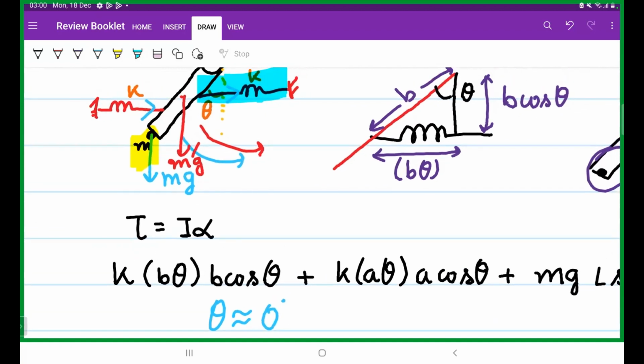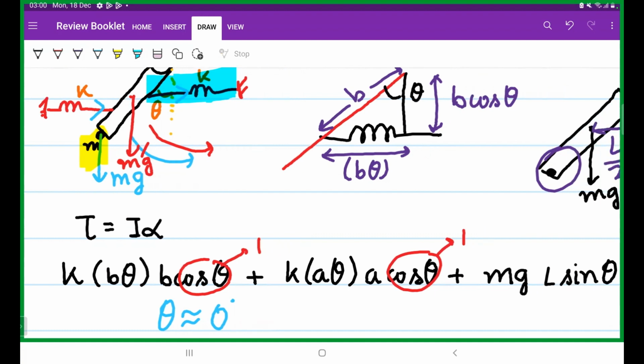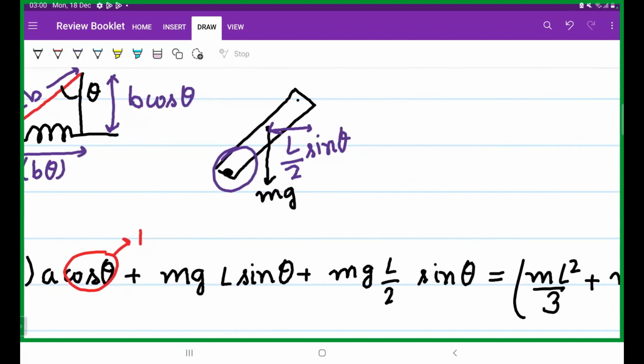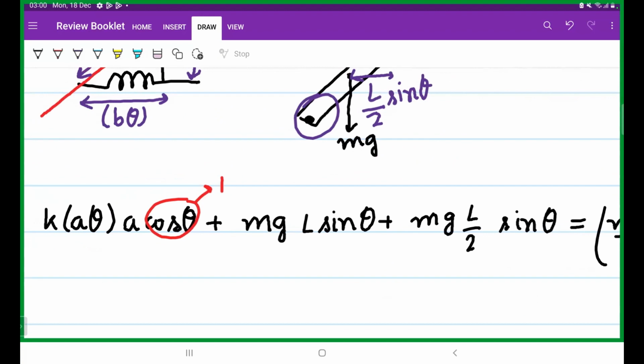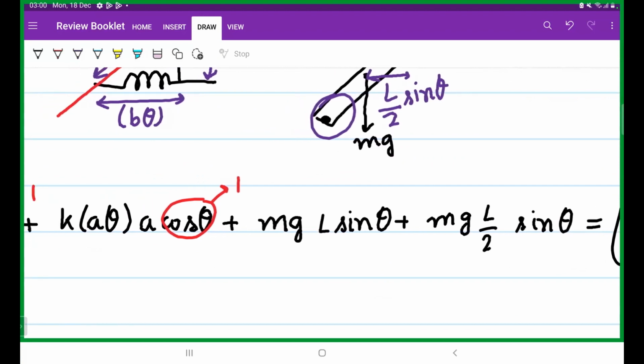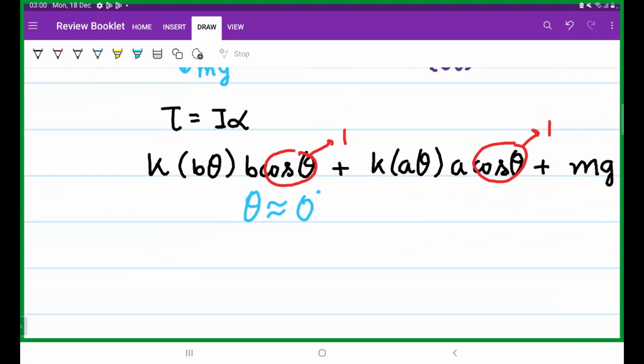So if we take this assumption, this cos theta will be 1, all the cos thetas will be 1, and all the sine thetas at a very small angle we can convert to theta. When theta tends to 0, sine theta basically becomes theta.